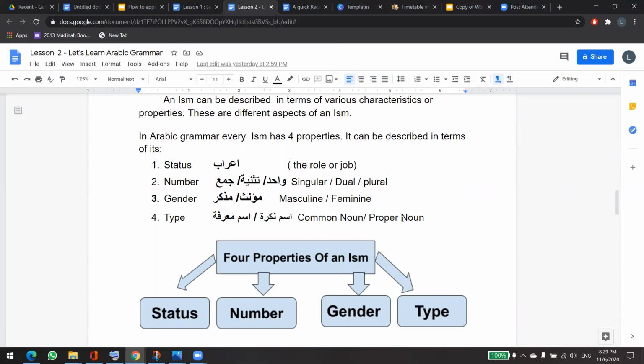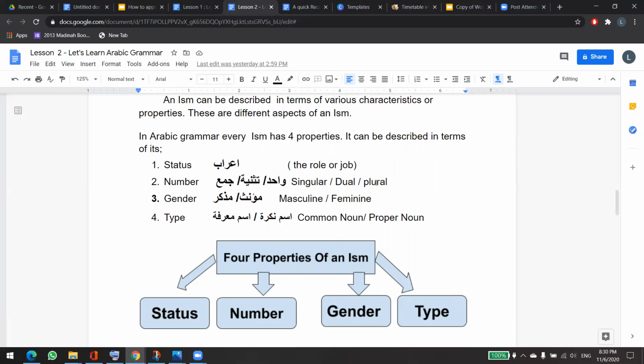One more thing. In number, one important thing we should focus on is that in English and in most other languages like Urdu, we have only two types of numbers. A noun can be either singular or plural, right?